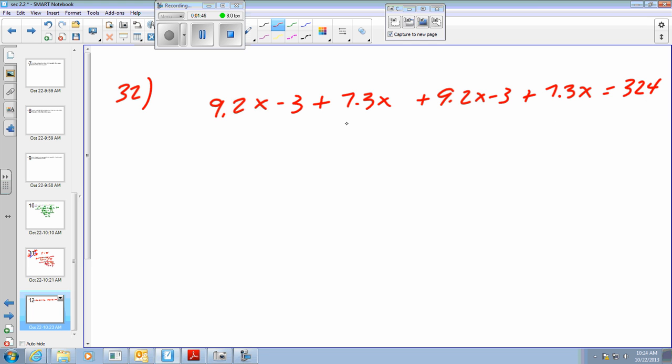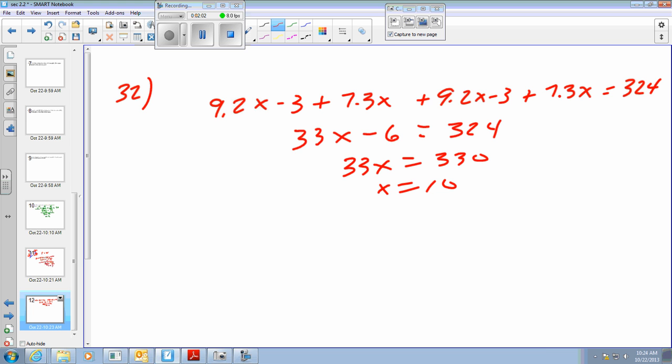Let's simplify things. We have 33x minus 6 equals 324. 33x equals 330. X equals 10.